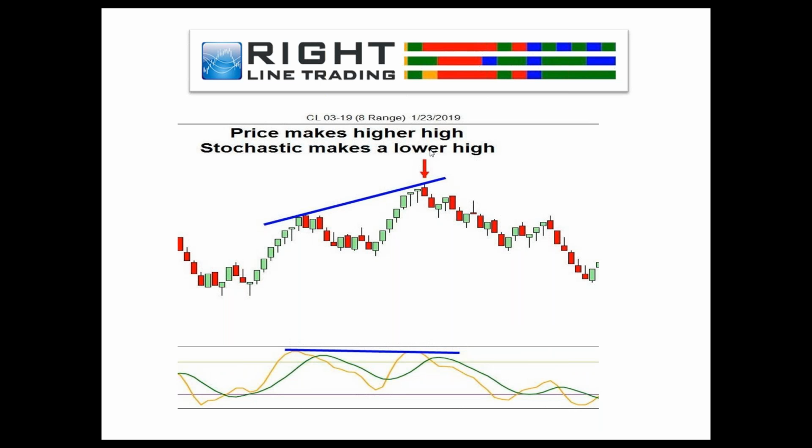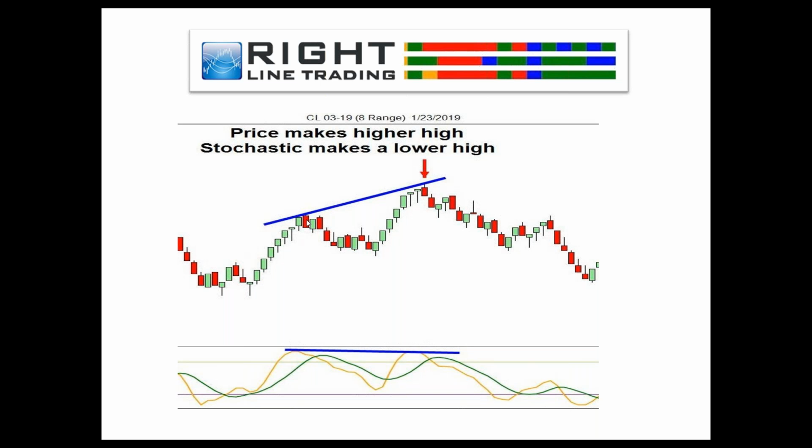And here's just another way that you can look at momentum or divergence. Here, price accelerates up to here, creating this much momentum. It comes back and accelerates up to a higher price, but it only accelerates with equal momentum. Now, if price makes a higher high, you want it to accelerate up to that high faster.